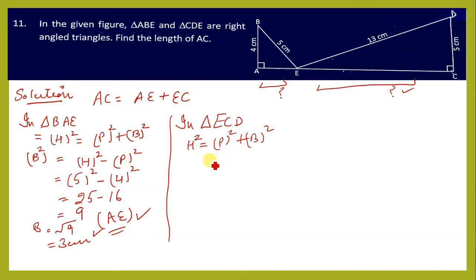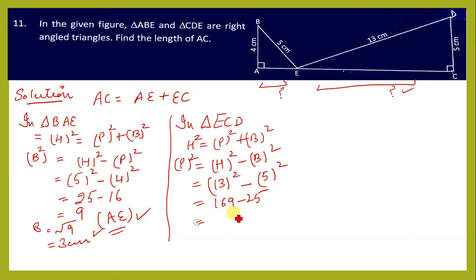And what is perpendicular? That you have to find. So that means perpendicular square equals hypotenuse square minus base square. What is hypotenuse? 13. What is base? 5. 13 13s are 169 minus 25, 144. So perpendicular is under root 144, which is 12 centimeter.